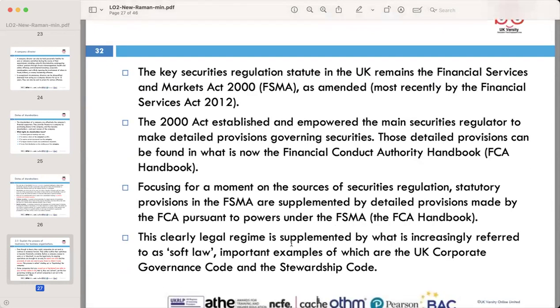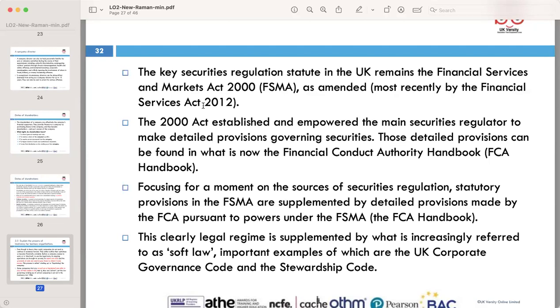So the Financial Services and Markets Act 2000, as amended most recently by the Financial Services Act 2012. The cornerstone of securities regulation in the UK remains the Financial Services and Markets Act (FSMA), bolstered by amendments, most recently by the Financial Services Act 2012.